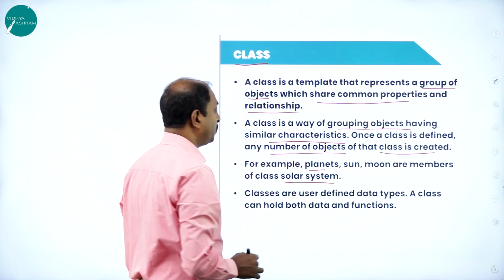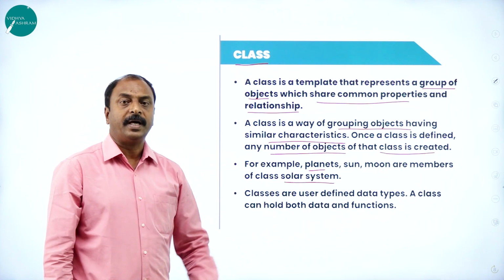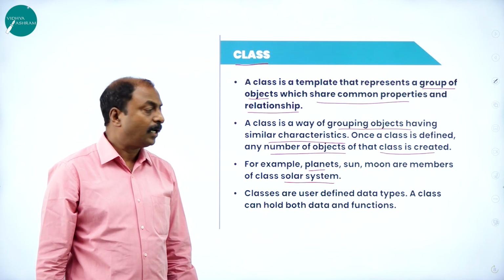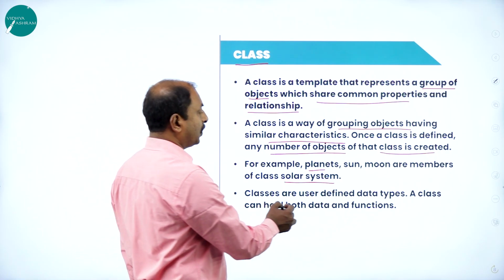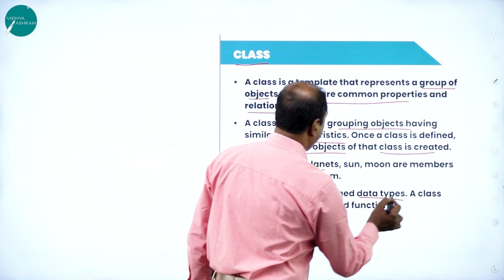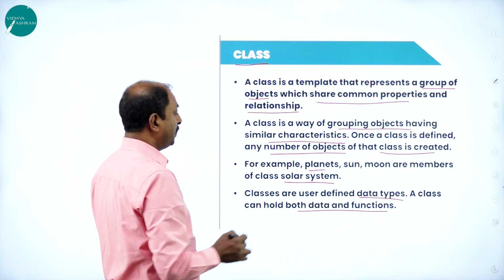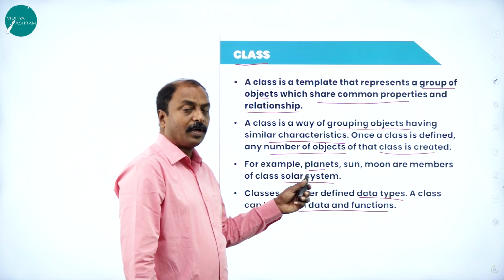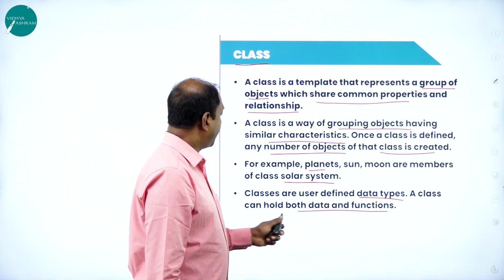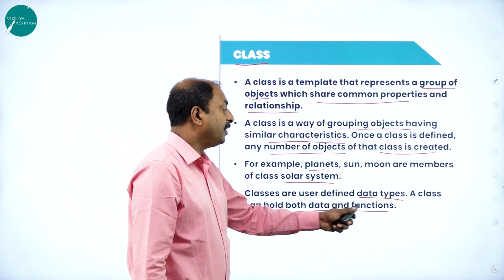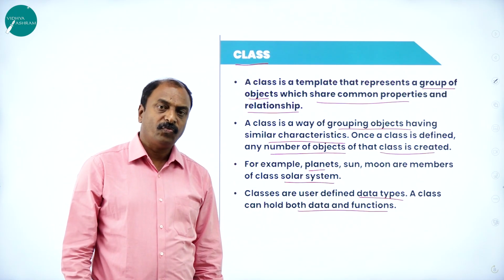So if we consider solar system as a class, under that we have different planets as members of the class solar system. Now classes are user-defined data types, and a class can hold both data and functions. It is a group of objects of similar behavior, and it can hold data members and member functions.